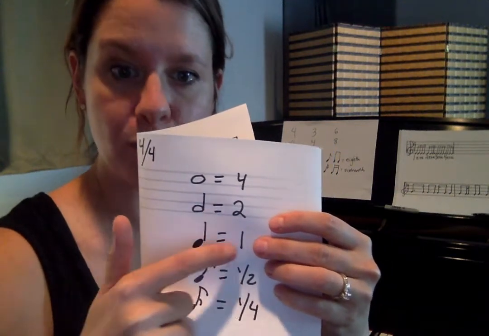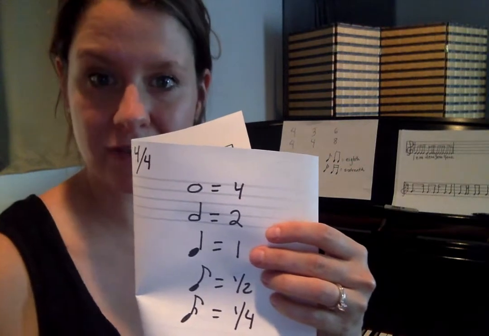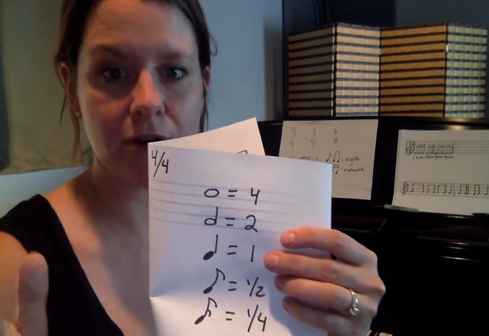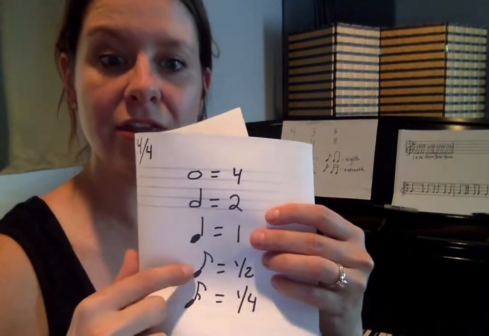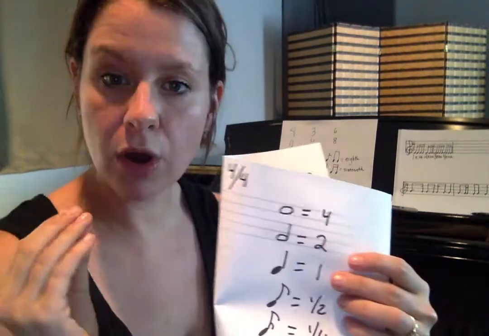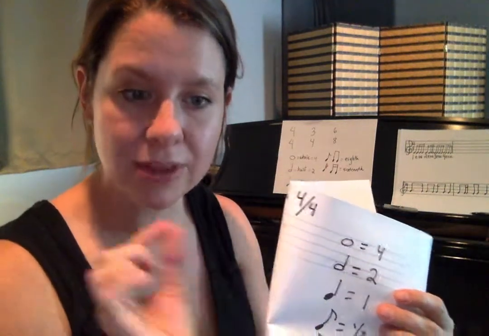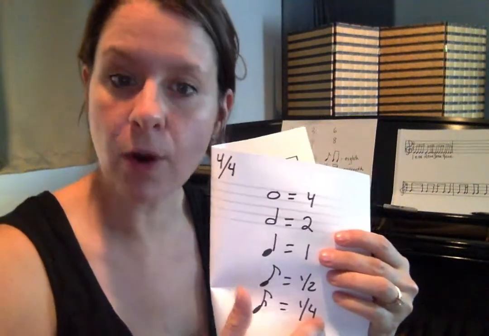Quarter note is worth 1 beat because the bottom number of 4/4 is representative of a quarter. That means 1/4 equals 1 beat. Eighth note is worth half a beat, and a 16th note is only worth a quarter of a beat. So just to get one full beat with 16th notes, you have to use 4 of them. So 4 of them fit in the space of 1 beat. From 1 to 2, you can fit 4 notes.